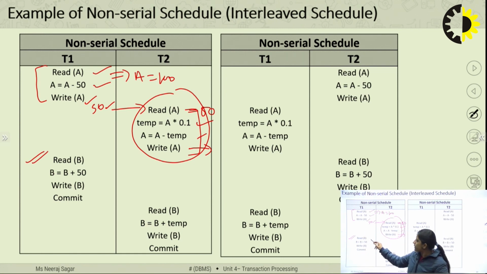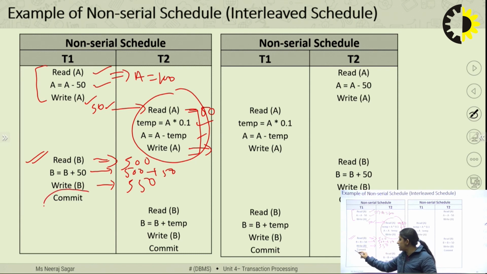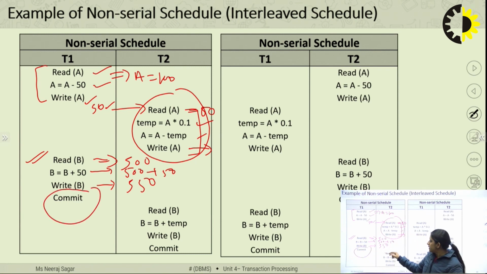Here, the initial value of B is 500, suppose. Now we perform this operation, 500 plus 50, and we write 550, and after this we commit the transaction T1. Then the value of B is 550 and we commit this transaction.